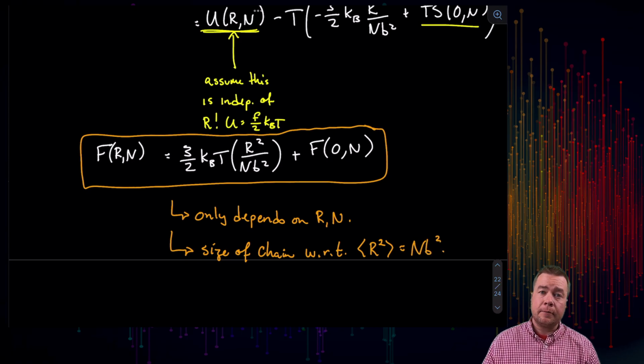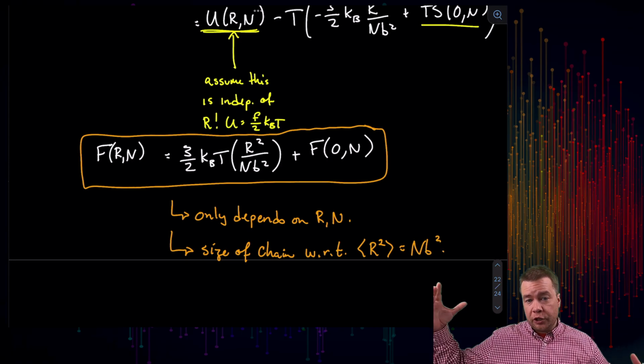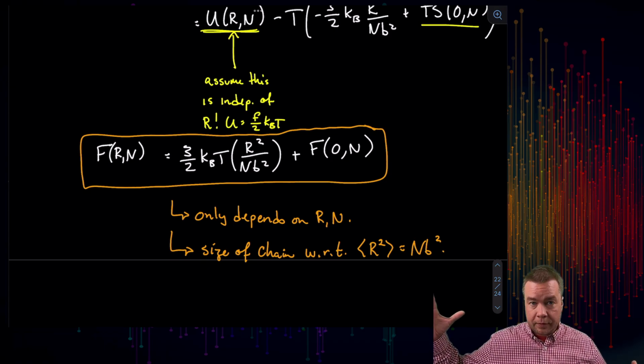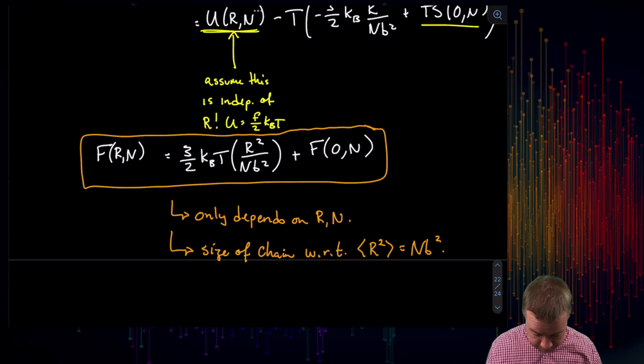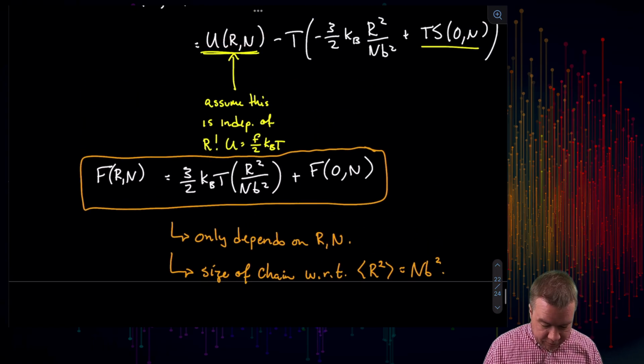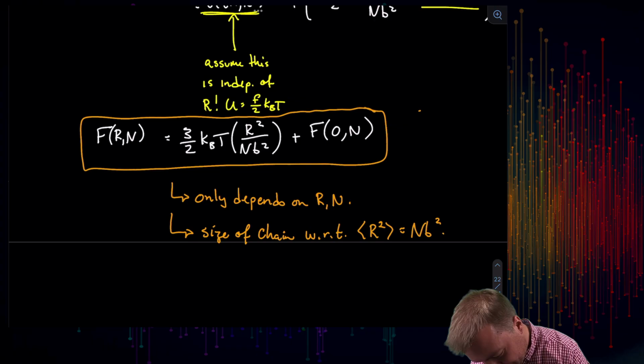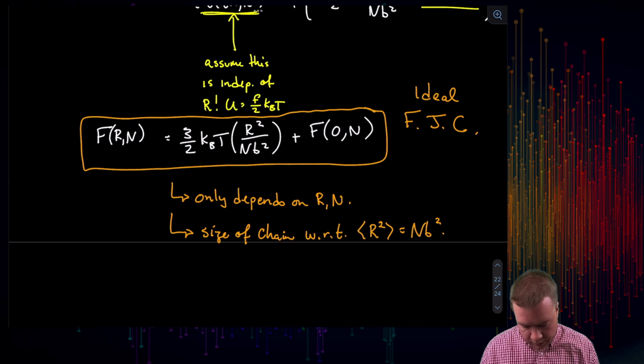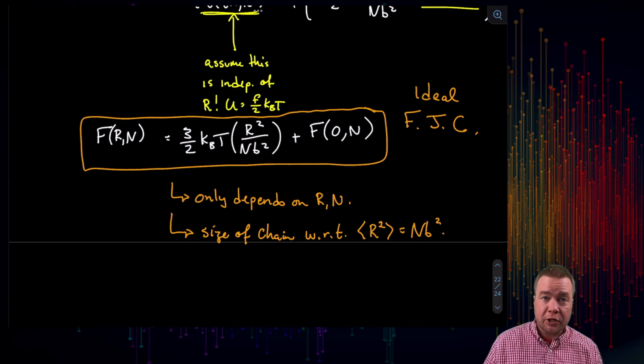Okay, what our theory tells us that it should be. So the larger your chain becomes, the more the free energy increases. Okay, and vice versa. So that's the free energy of the polymer chain. This is the free energy of a freely jointed chain. And that's all I have to say about it.